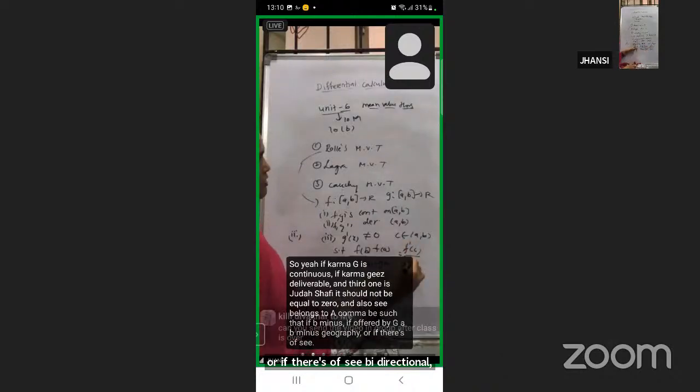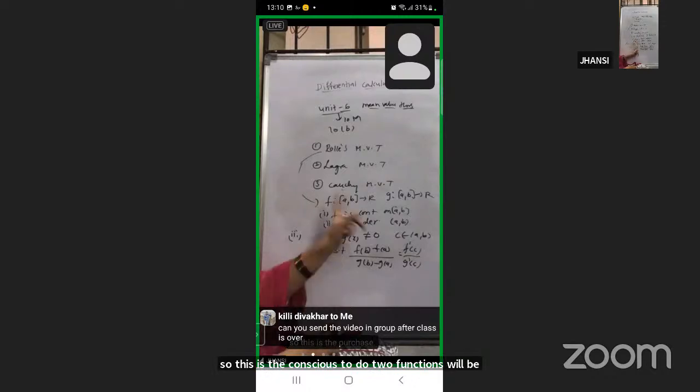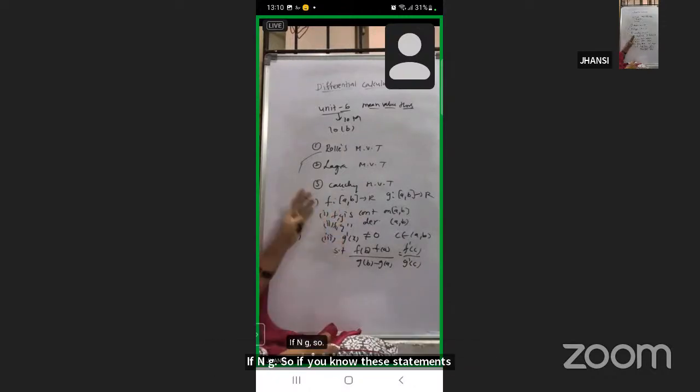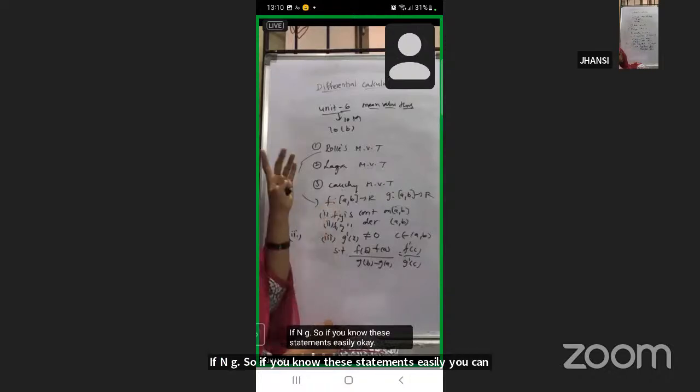So this is Cauchy's theorem. Here two functions will be there, f and g. If you know these statements, easily you can solve the theorems and also the problems.